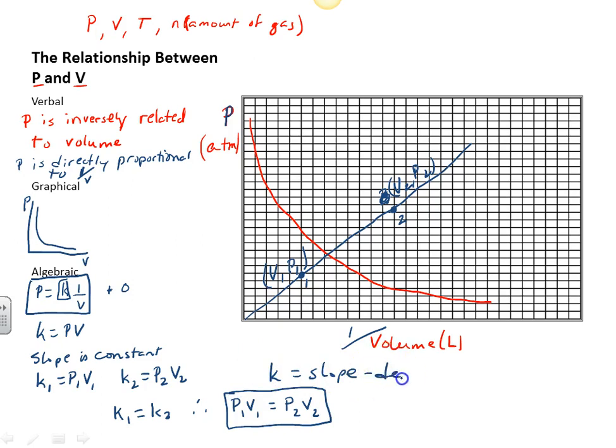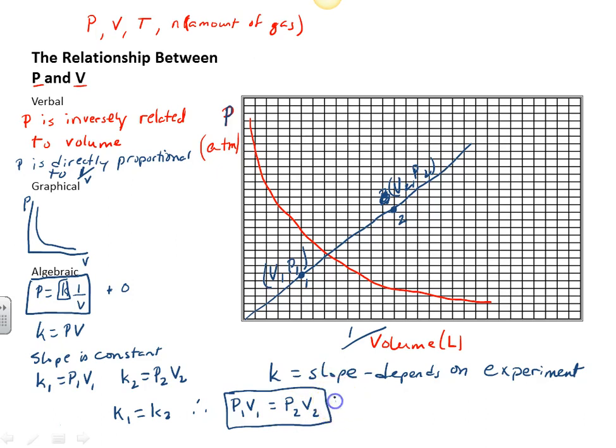This is an important version of this relationship, and the reason for that is that K is the slope, but it depends on the experiment. P1 V1 equals P2 V2, however, is a generalized relationship.